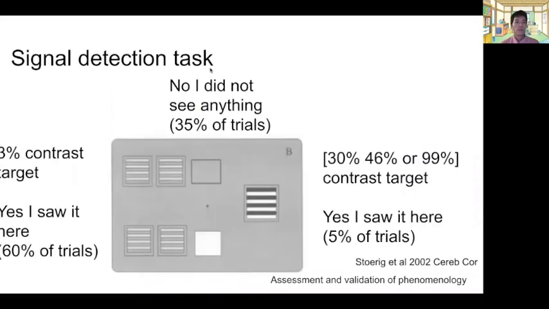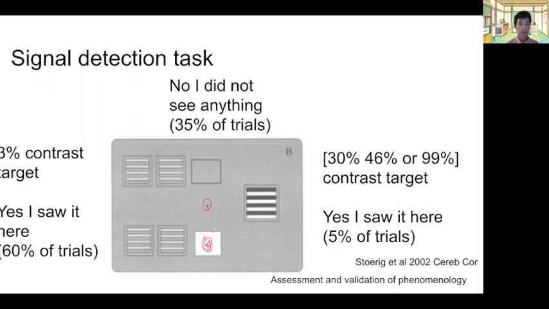So in this signal detection task, the experimenter asked the patient to fixate at the fixation location here. And then when the patient is ready, they are asked to touch this part of the screen.